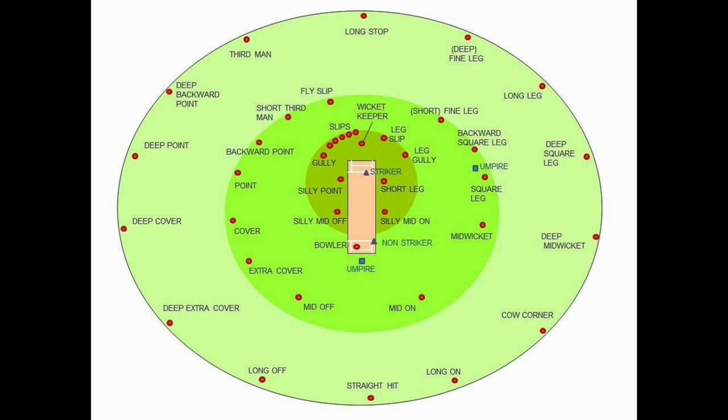So let's put a guy at deep backward point, just in case they try and cut the ball. That's the name of a shot. A cut shot normally goes kind of square of the wicket. Or maybe we put a deep cover or deep extra cover just in case they drive the ball and it goes through to the boundary. We want to have some cover on that side, and that all plays into the strategy.